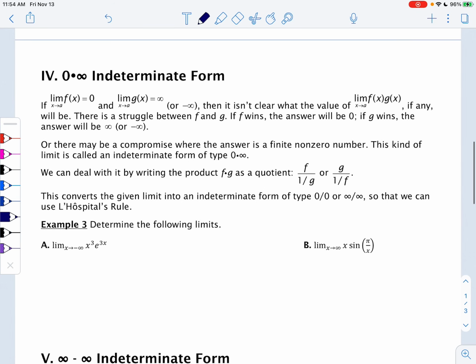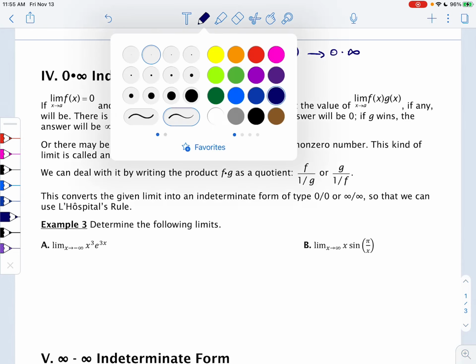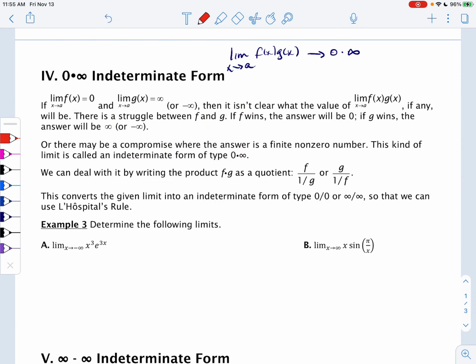Because let's say, for instance, we do have the limit as x approaches a of f of x g of x, and if our first approach is to evaluate f at a and evaluate g at a, but let's say it goes to 0 times infinity.